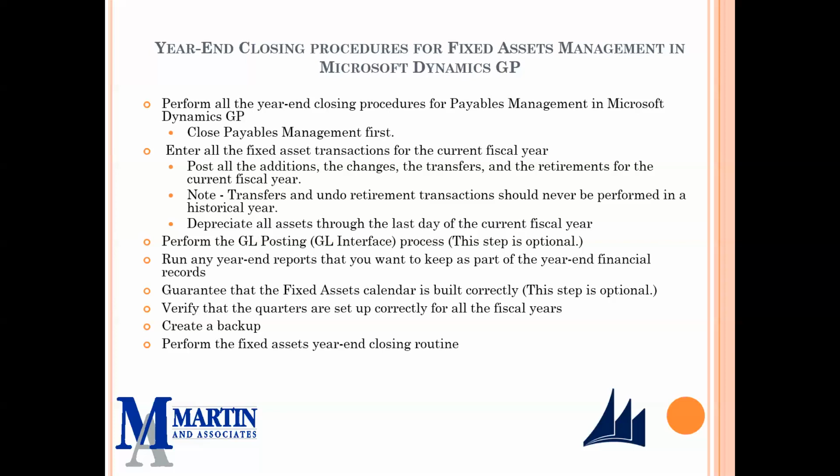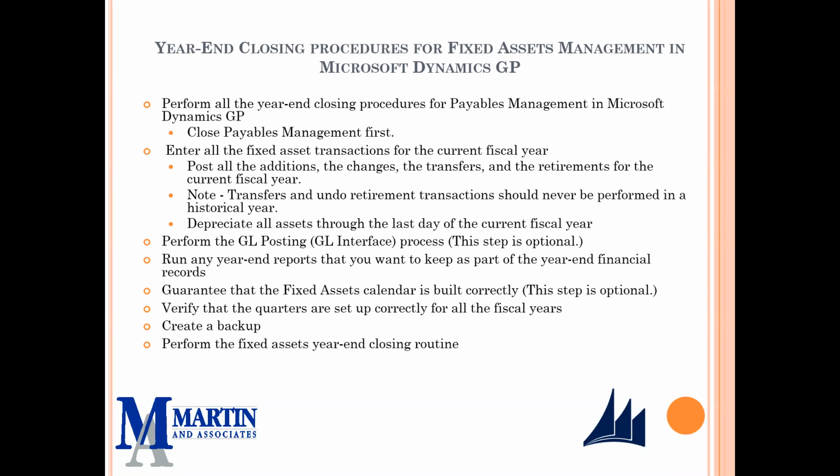So once you've done those things, run your GL posting, which will take your fixed asset transactions and write them to the GL. Run any year-end reports that you want. It could be an asset valuation report, depreciation, life to date, and all those fun kind of things.